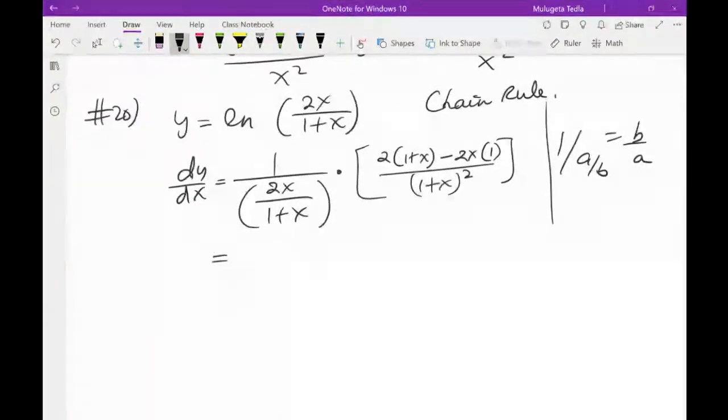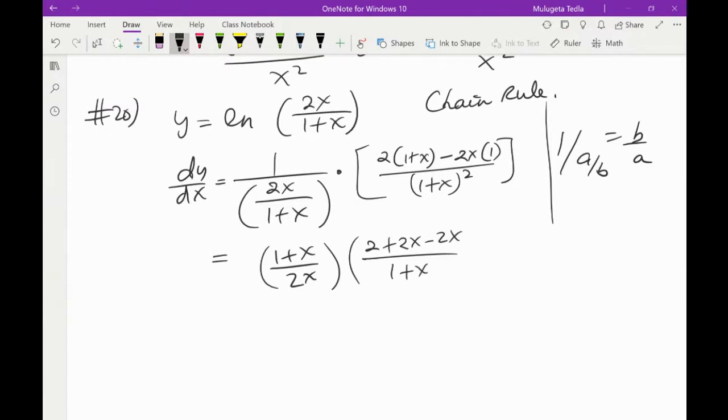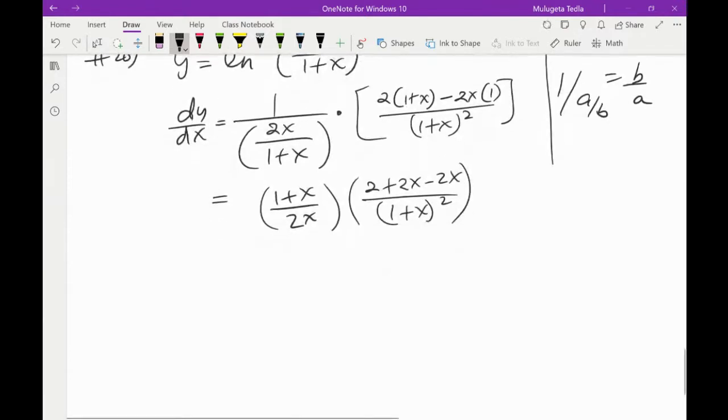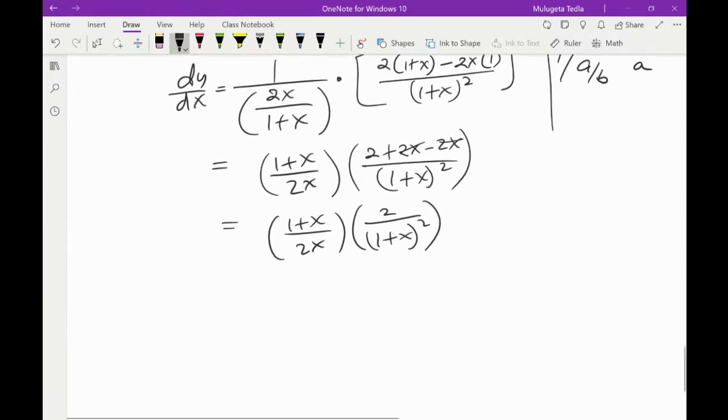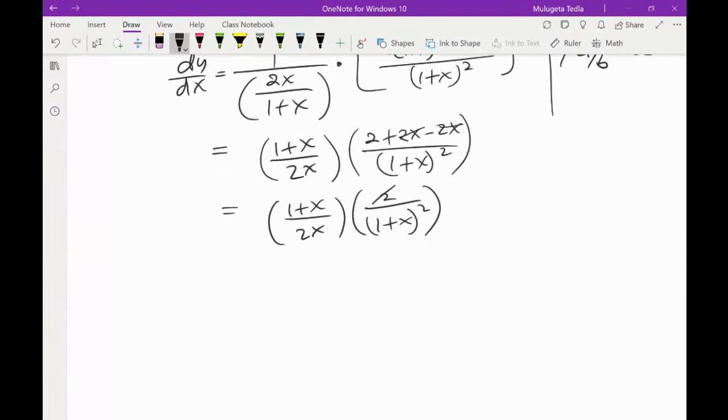Okay, so this is 1 plus x over 2x, we flip that, times, what is this fraction? 2 plus 2x minus 2x over 1 plus x the whole squared. In here 2x cancel, it is 2 over 1 plus x the whole squared. So the 2's cross out with the 2, and this linear factor will cross out with the linear factor.